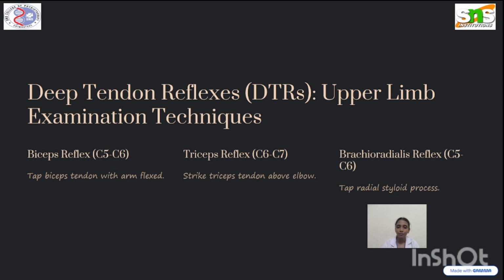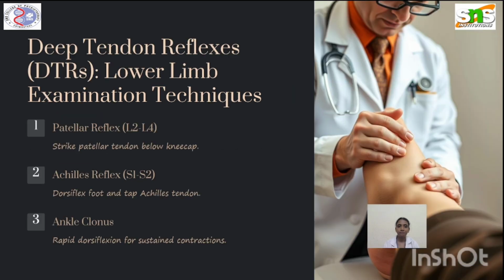The triceps reflex has a root value of C6, C7. It is tested by a tap or strike over the triceps tendon above the elbow. Next, the brachioradialis reflex is tested with a tap on the radial styloid process, and its root value is C5, C6. If we tap on the tendon, there occurs a response called reflex, which is a mild jerk in nature.